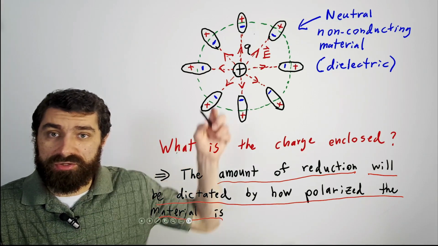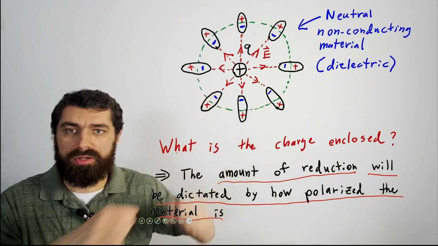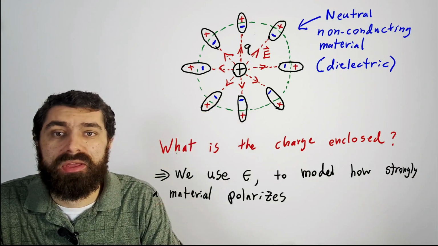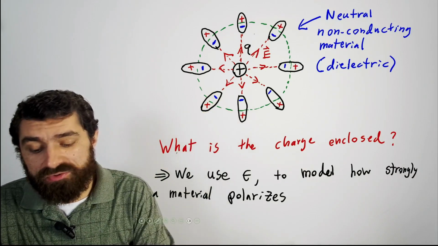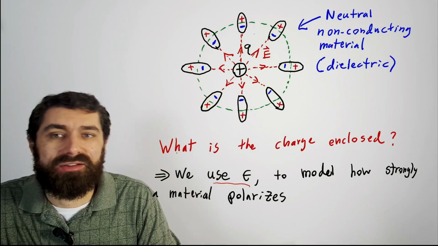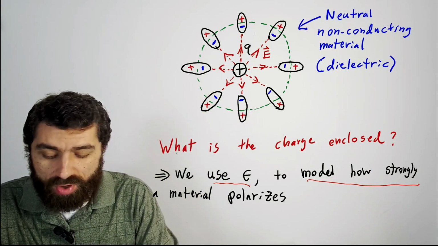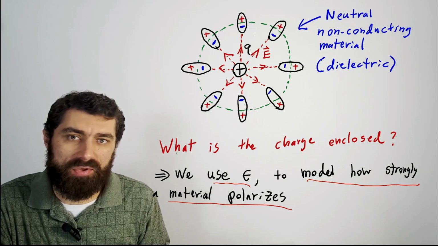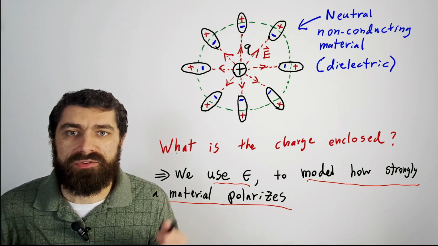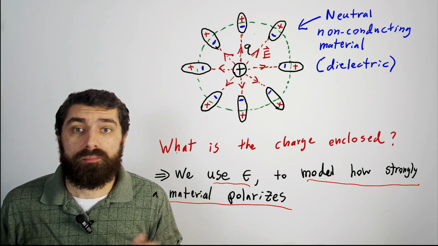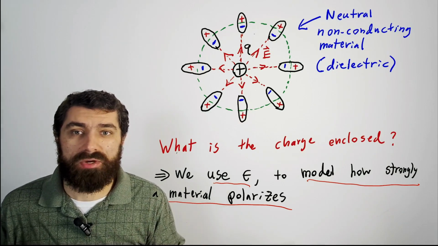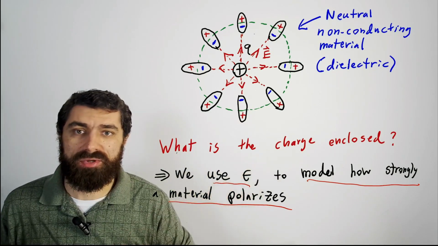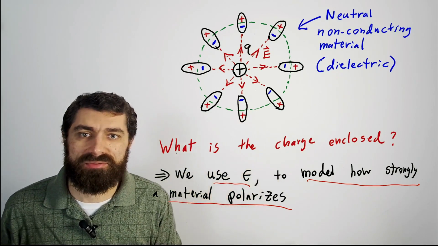Different materials will have a stronger electric field polarization in their atoms and molecules, and we use epsilon, or permittivity, to model how strongly a material polarizes in the presence of an applied field. So that is essentially what permittivity means when we're not working in free space, when we're dealing with a medium that has a bunch of atoms and molecules.